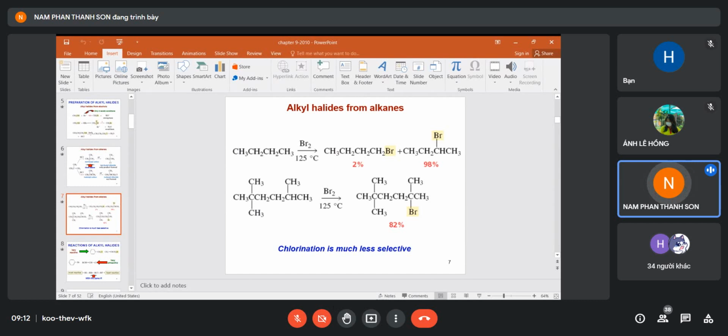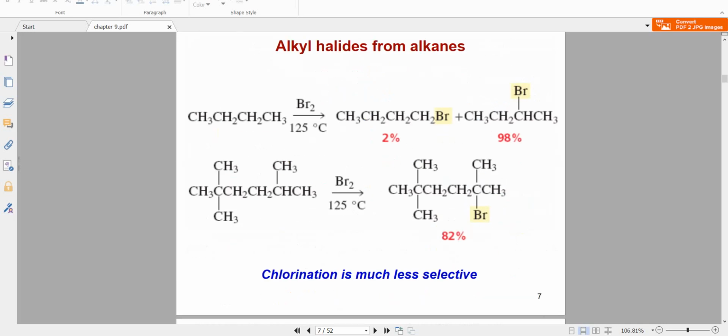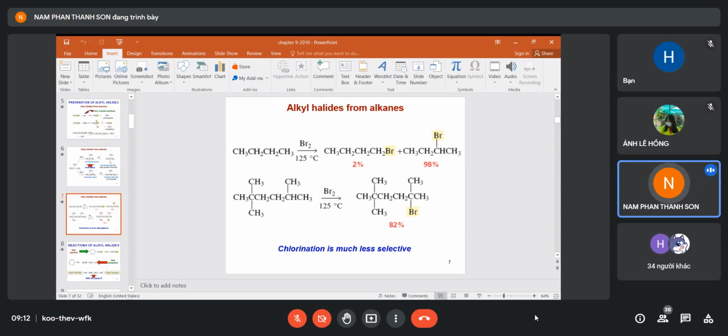We can carry out the direct halogenation reaction, but do not use the chlorination reaction because chlorination might give you a mixture of many products. We don't like that. The bromination reaction is more selective, and we might have a major product.